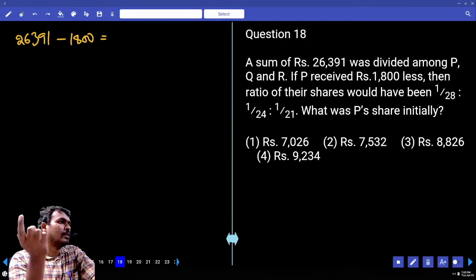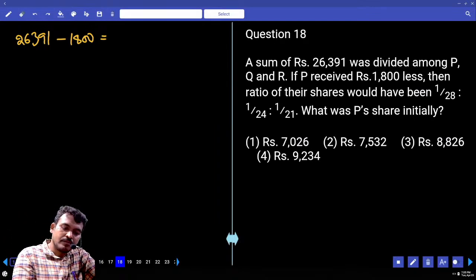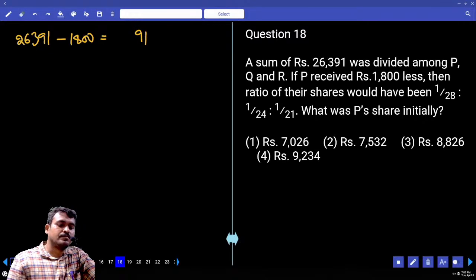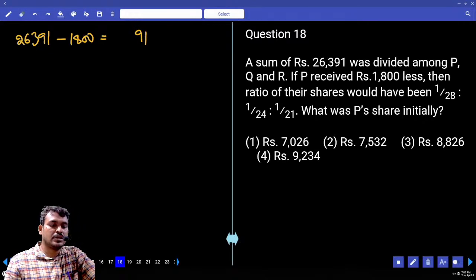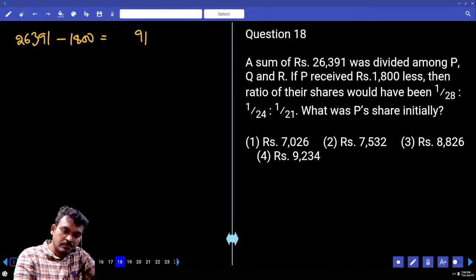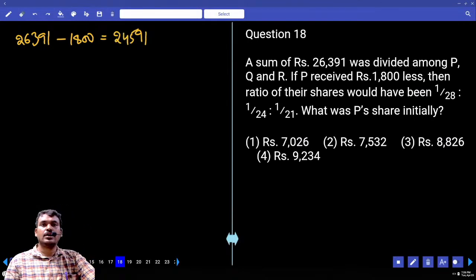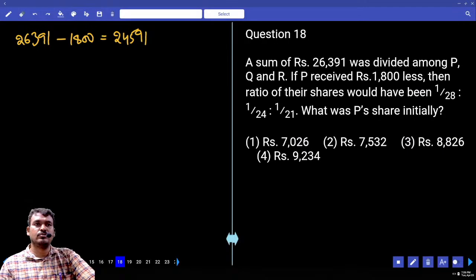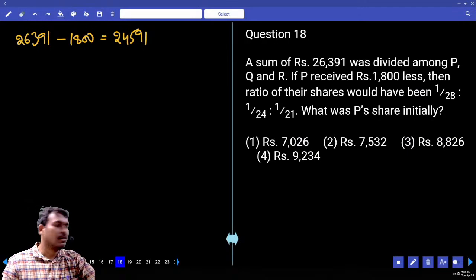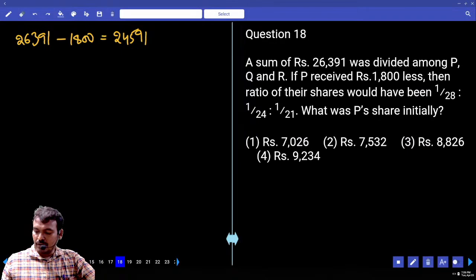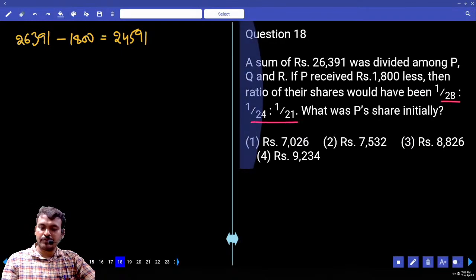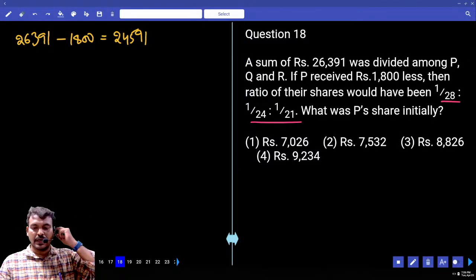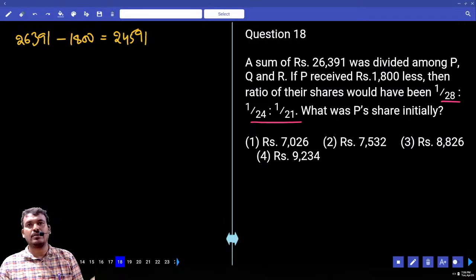We get the remaining amount, 263 minus 18, 245, so 24,591. It is distributed among 3 persons, but the 3 persons are in which ratio? 1 by 28, 1 by 24 and 1 by 21. Inversely proportional of 28, 24, 21.